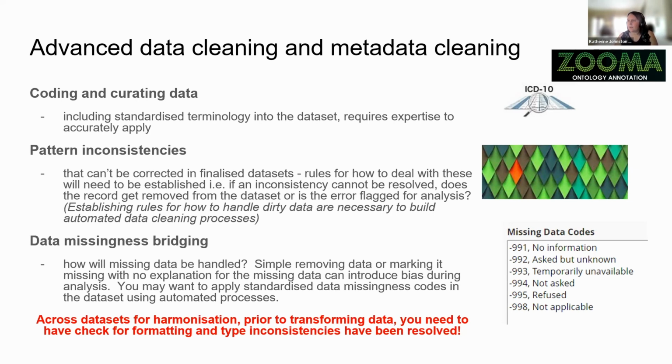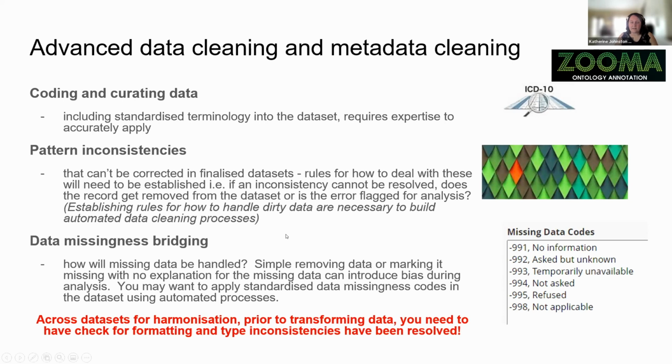Establishing rules for how you handle your dirty data is necessary so you can build those automated data cleaning processes. And then data missingness bridging. When you're dealing with multiple data sets, they may have all implemented different ways of coding missing data, and you'll want to make sure that they've all got a standardized data missingness coding across the data sets.